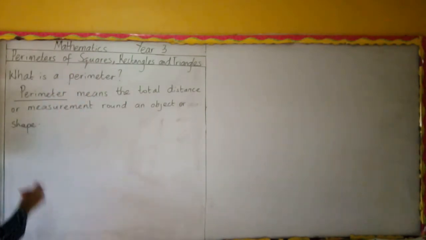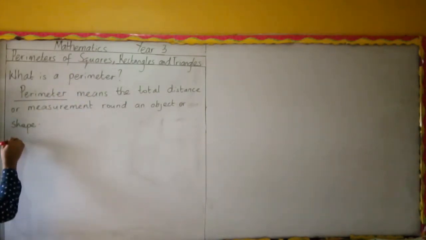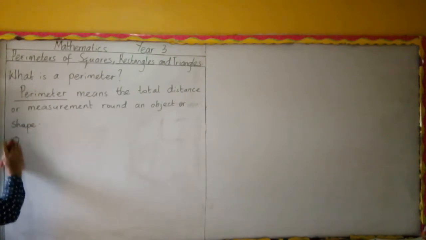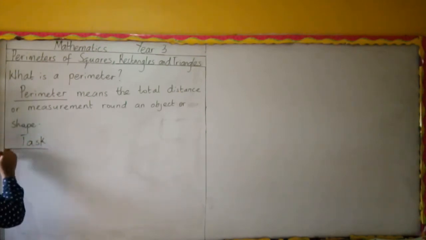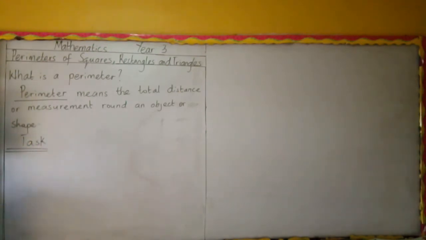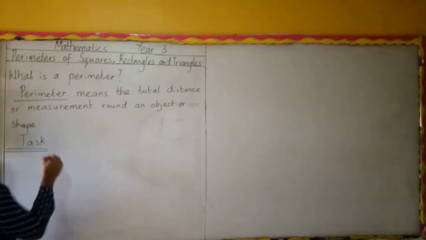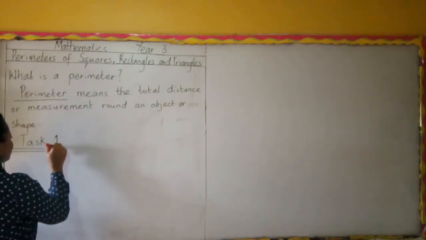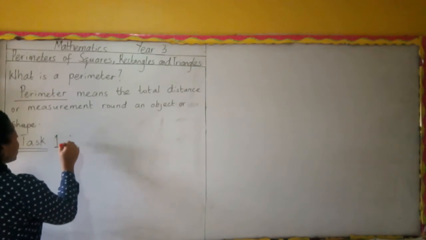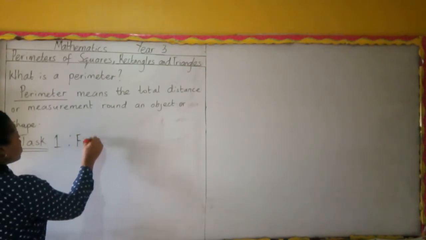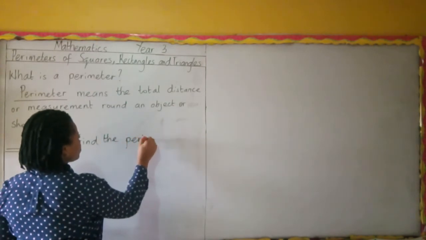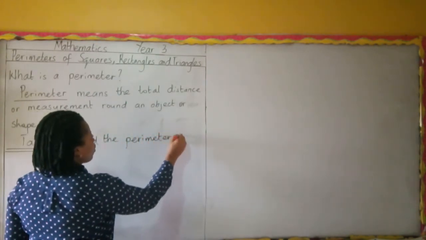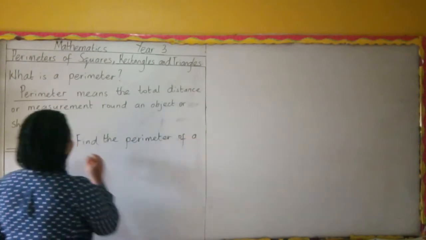Square. Good. Now I'm going to look at this question. Oh, I call it what? Task. We have a task. Good. You know, each time you are given a task, what comes to your mind? You begin to think. So I have a task. Task 1. Okay. Now, what does it say? Find the perimeter of a square.